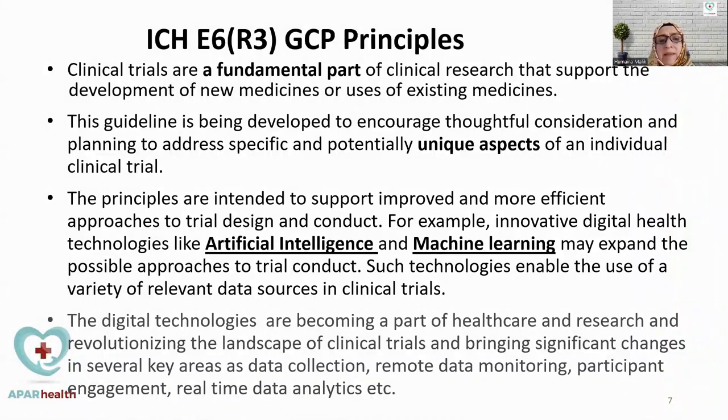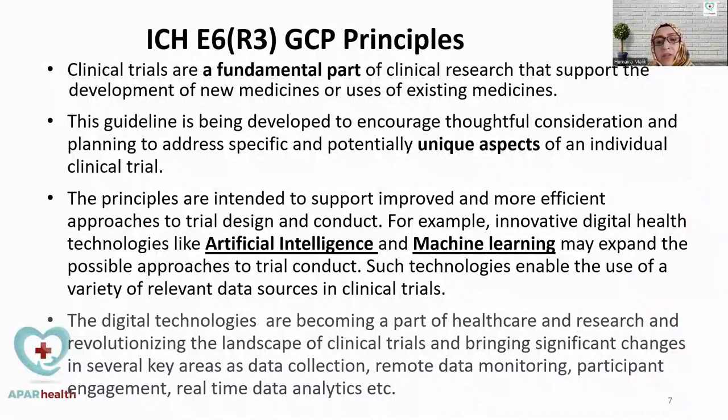Now, the principles are intended to support more efficient approaches to the clinical trial. For example, digital technologies. Then, within digital technologies is artificial intelligence, the buzzword that is coming up in each and every sector. And no doubt, it is impacting healthcare and research too. Then machine learning may expand the possible approaches to trial conduct, definitely.